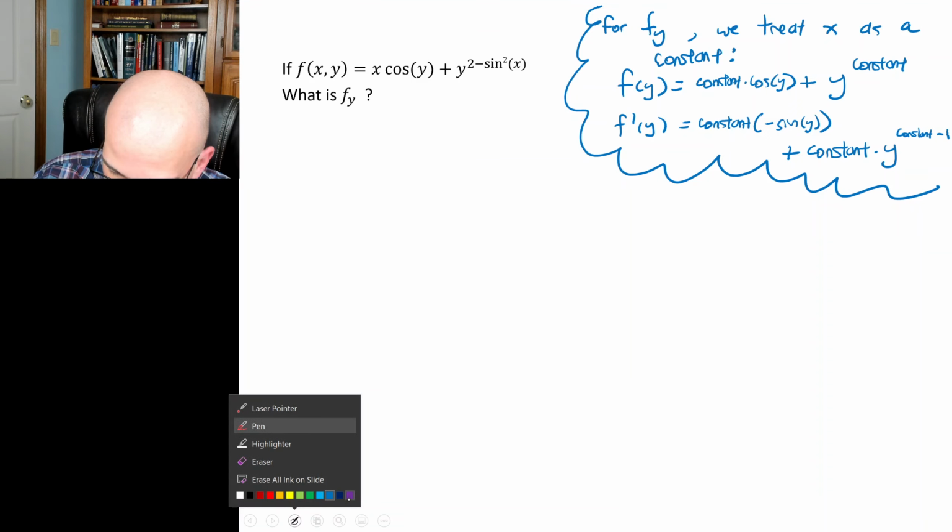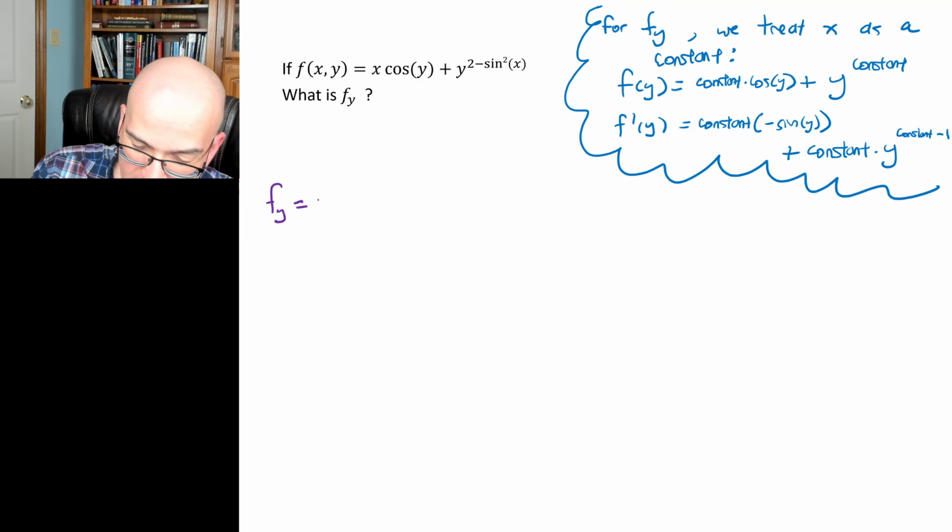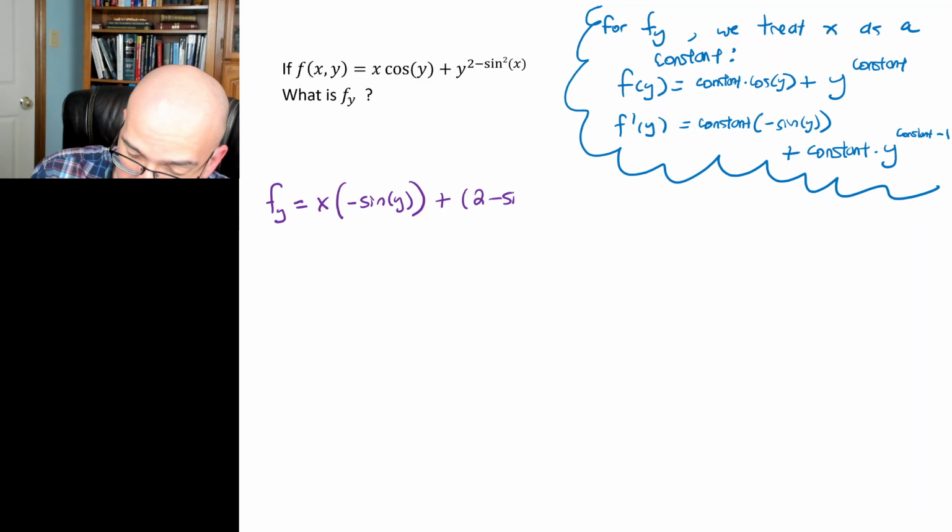Now, let's write this down, not with the word constant, but with what that constant is in each of these pieces. So we have x multiplied by negative sine of y plus that constant power comes down, so 2 minus sine squared of x multiplied by y to the power of 2 minus sine squared of x minus 1.